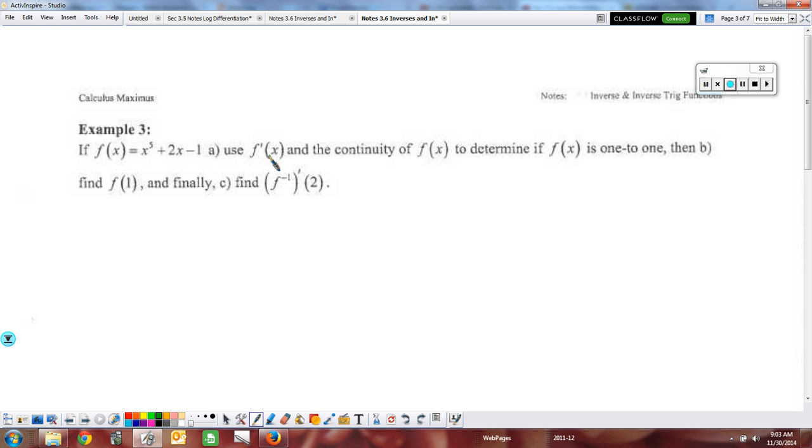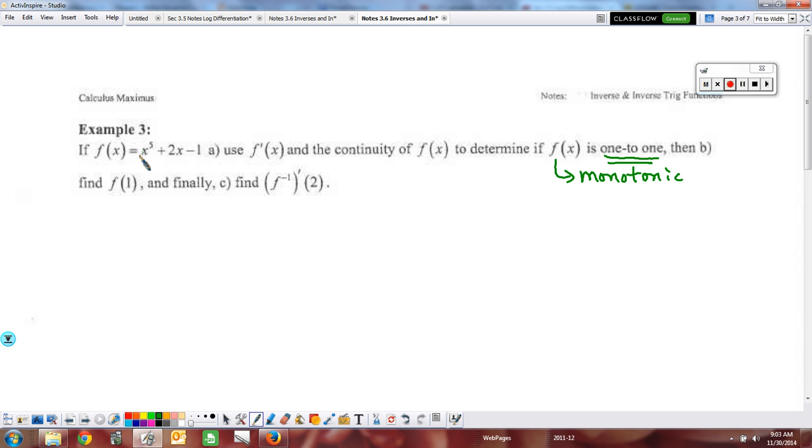So we're going to use the derivative of f of x, and we already know some information about the continuity. We're going to talk about continuity of f of x to determine if f of x is 1-to-1. Now, and this is a side thing, in order to be 1-to-1, you have to pass the vertical and horizontal line test. Well, to pass the horizontal line test, a function has to be monotonic, either monotonic increasing or monotonic decreasing.